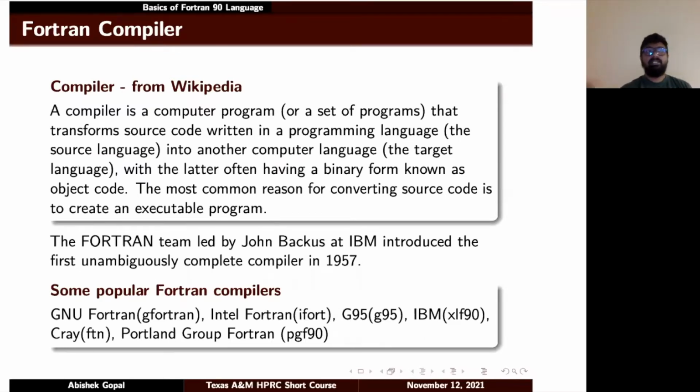The hardware is still expecting instructions and data to be in binary, zeros and ones, right? So somebody has to do the business of translating this higher-level text, like a Fortran program, to binary or assembly language, and the compiler makes that happen.